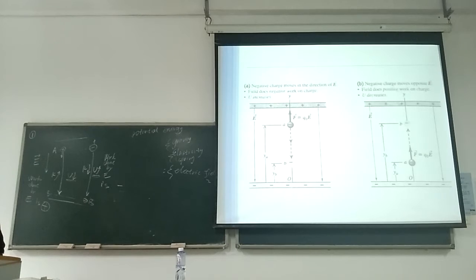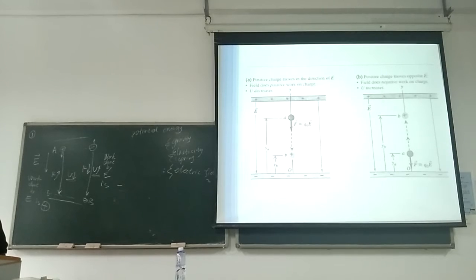Then, if a negative charge moves opposite the electric field, the field does positive work on the charge, and the potential energy decreases, also opposite to that of the positive charge. We can find it.